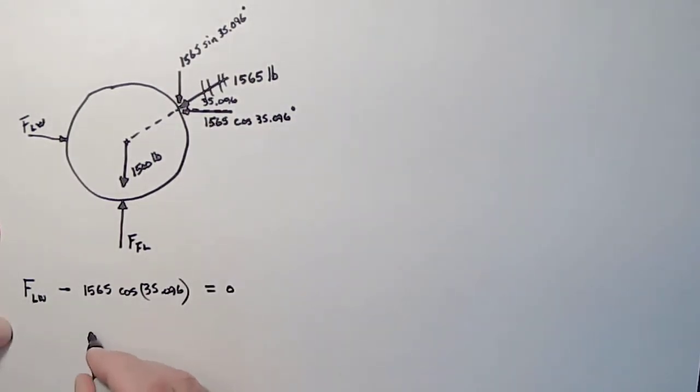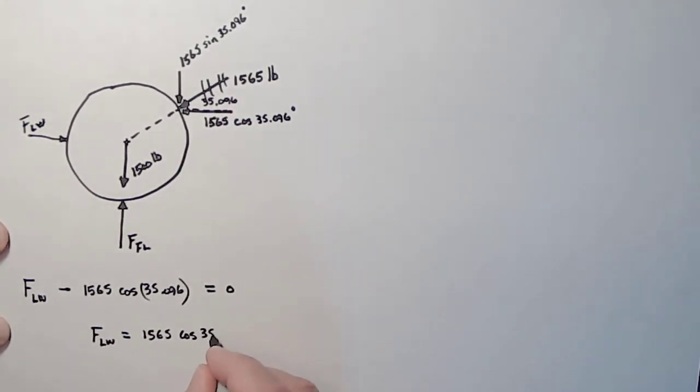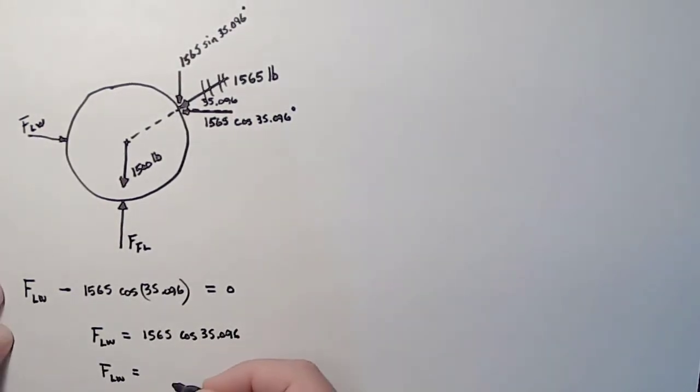I can now easily solve for the force on the left wall, equals 1,565 times the cosine of 35.096, or the force on the left wall is 1,281 pounds. What a coincidence.